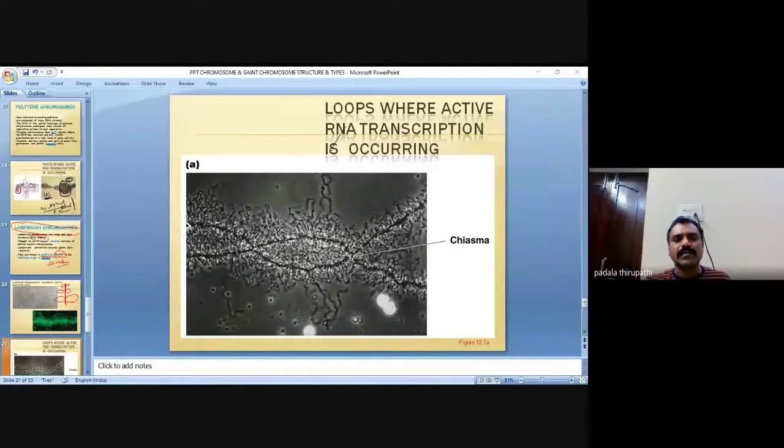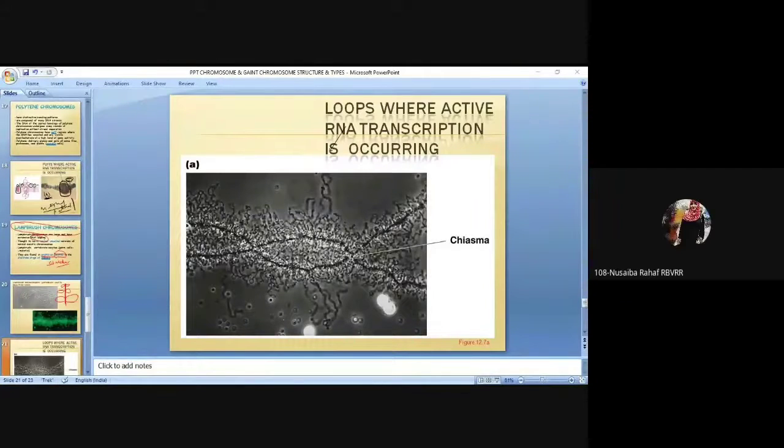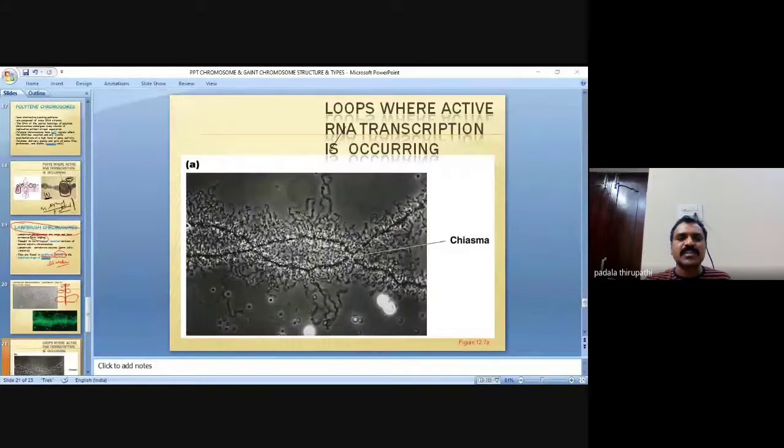I hope this topic is completed: transcription and translation. Transcription occurs in the nucleus, whereas translation is observed in the cytoplasm. Transcription means synthesis of mRNA from DNA. This mRNA depends on DNA, so we call it DNA dependent RNA.